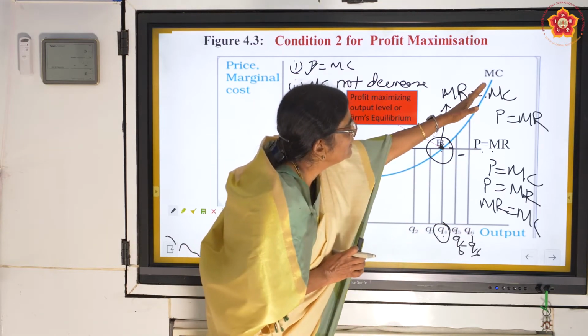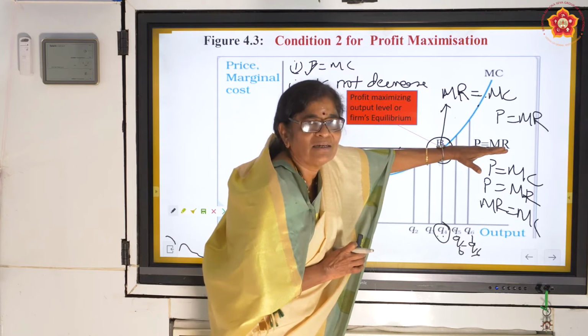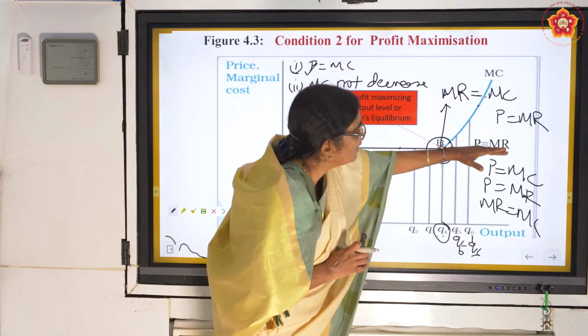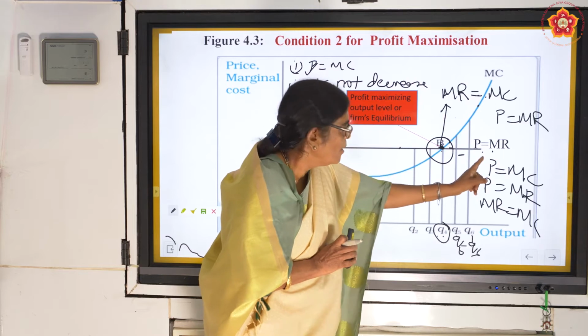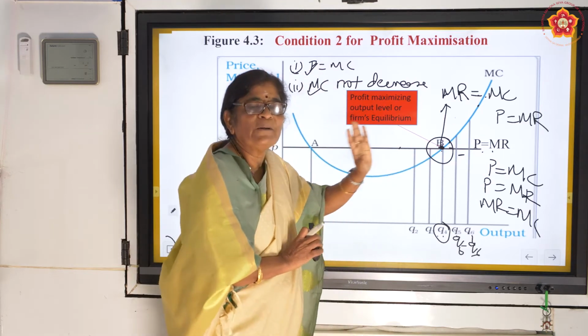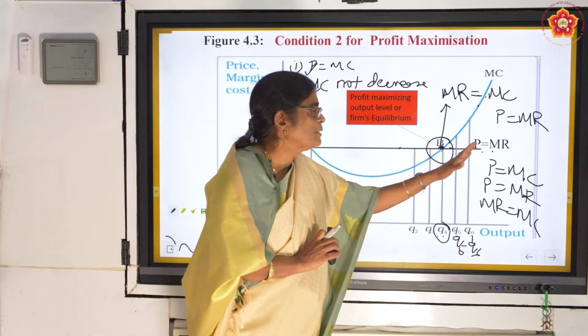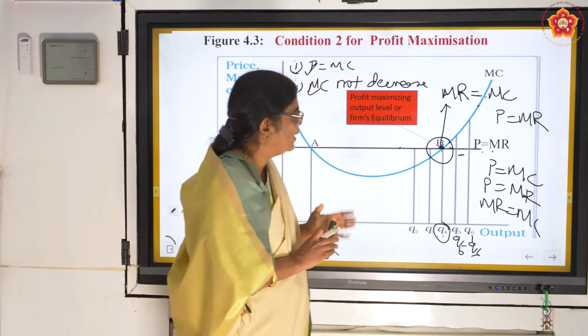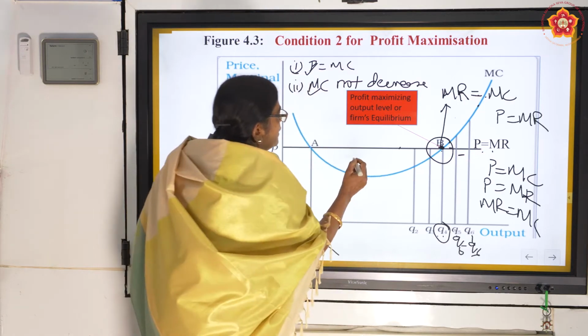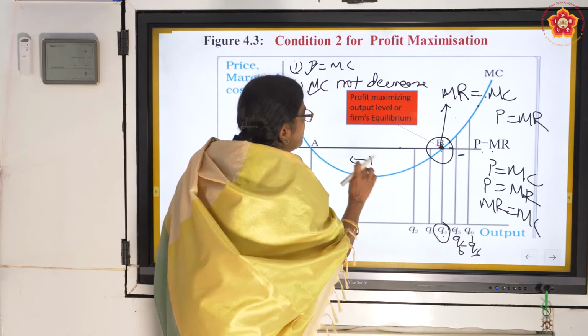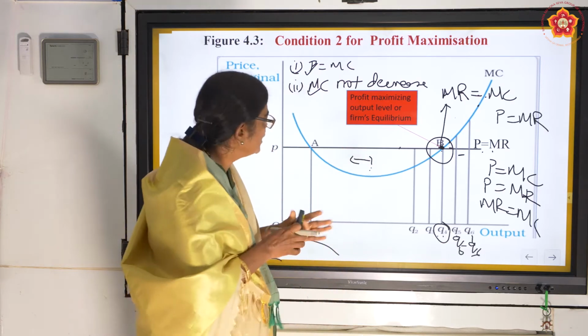Why? MC exceeds MR. Or you can say MC exceeds the price. We have already proved that for a perfectly competitive firm, price is equal to MR.